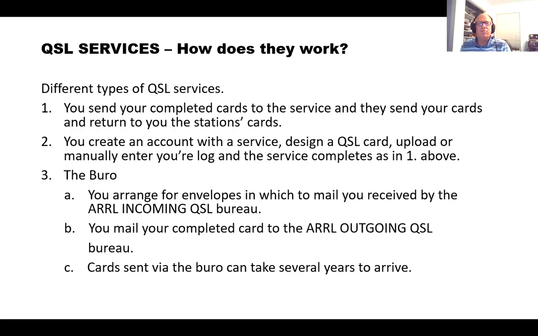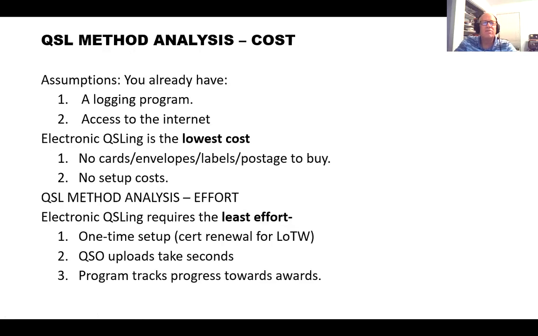Then you mail your cards to the ARRL outgoing QSL bureau, and there is a charge by poundage. And of course, you're mailing your cards to the ARRL, so there's postage as well. Again, it can take several years to arrive, two, three, sometimes longer. There are horror stories about getting cards ten years later.